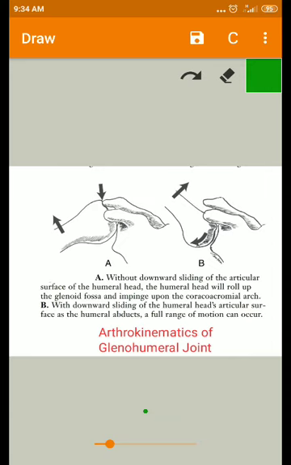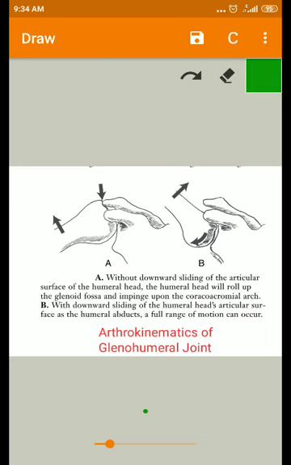gliding of the head of the humerus on the glenoid fossa in the direction opposite to the movement. So the gliding and the rolling will take place in the direction opposite to the movement of the shaft of the humerus.